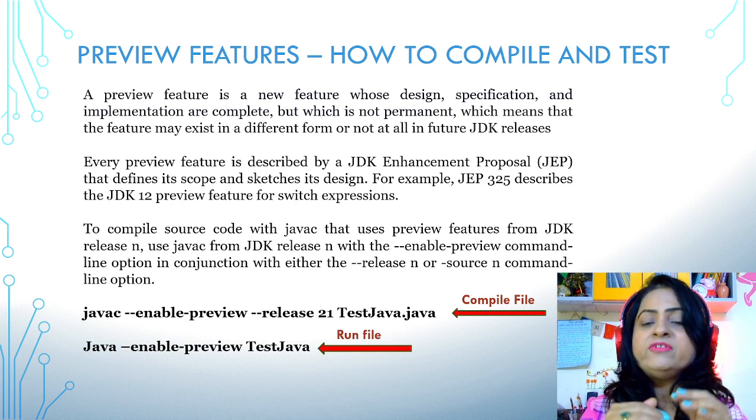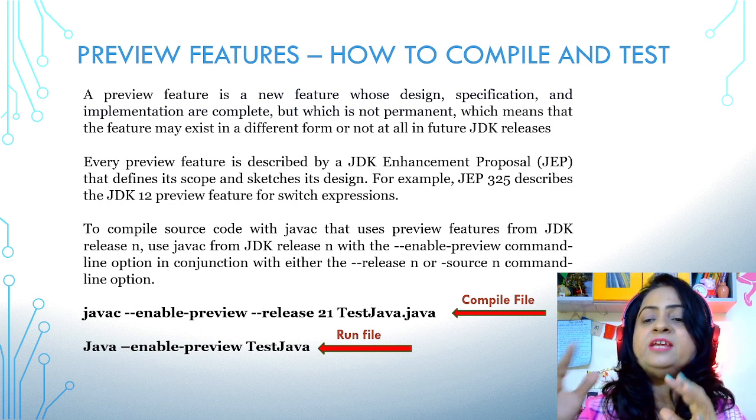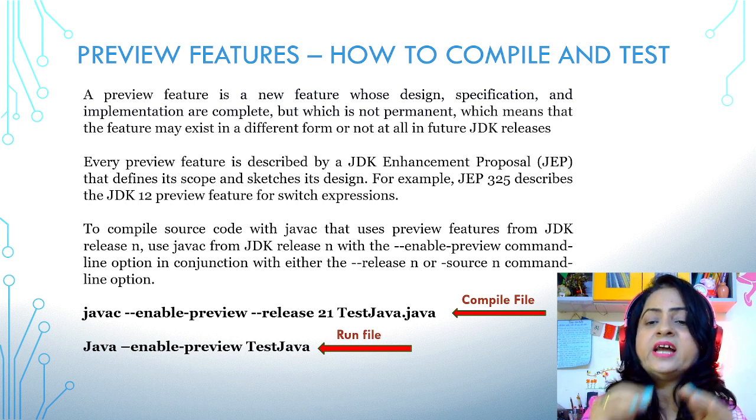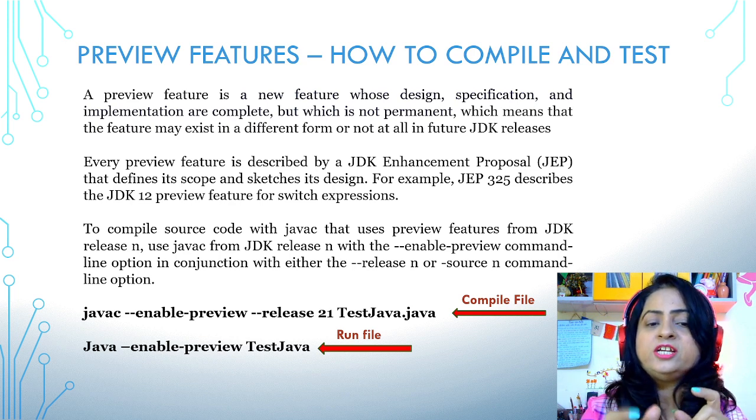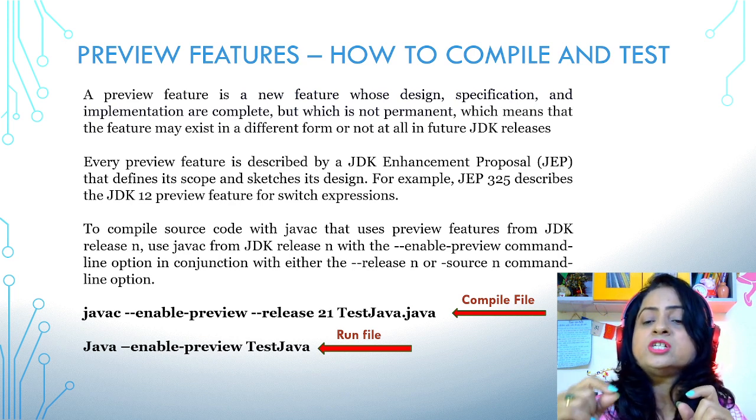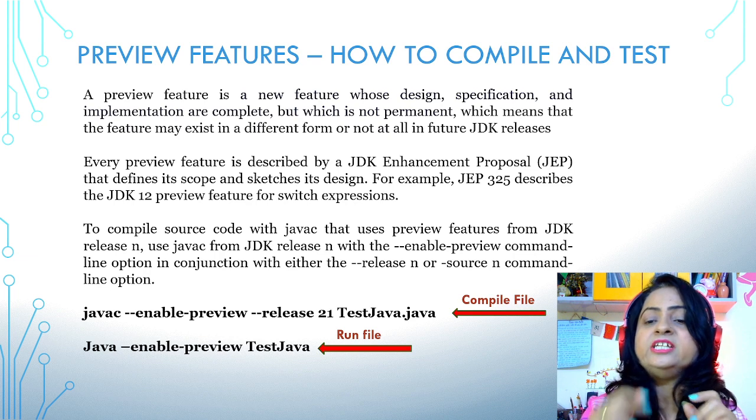They are described by JEP. JEP is the JDK Enhancement Proposal. All the information about preview features is kept under JEP. For example, JEP 325 is associated with the preview feature for switch expressions, which was in JDK 12. So these are preview features.